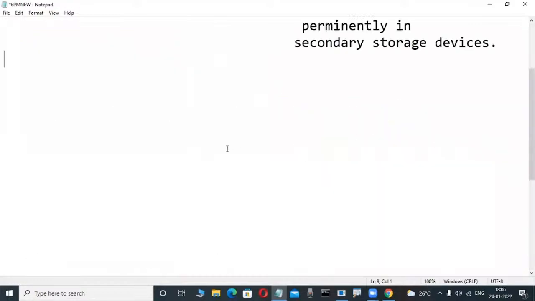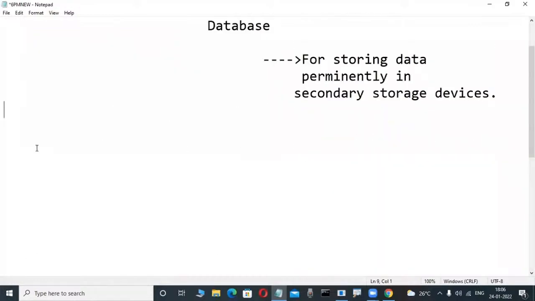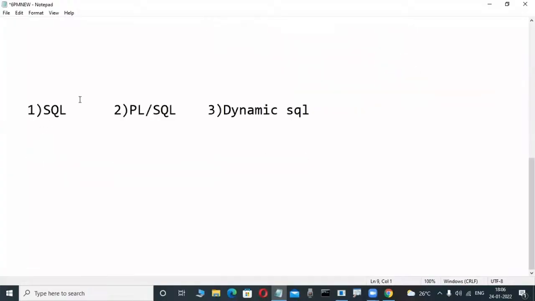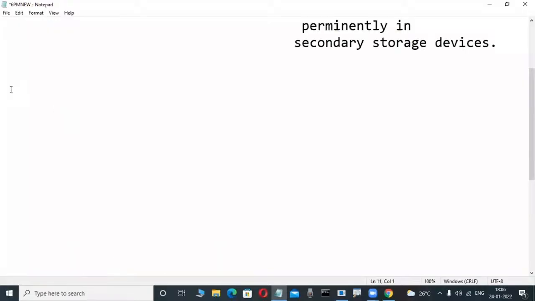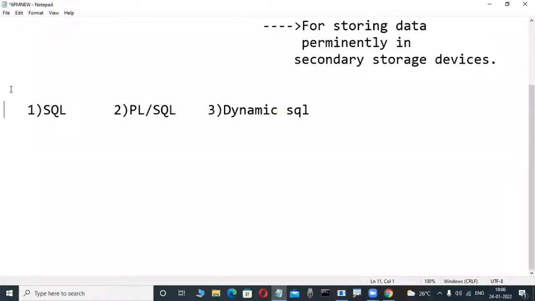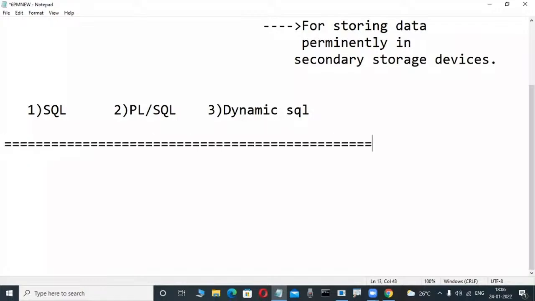Oracle, SQL Server, DB2, Sybase, MySQL, all these databases are implemented based on the relational data model. For operating them, we use SQL. But for the Oracle database product, we use 3 languages: one is SQL, another is PL/SQL, another is dynamic SQL. Up to this, we learned in the previous classes.